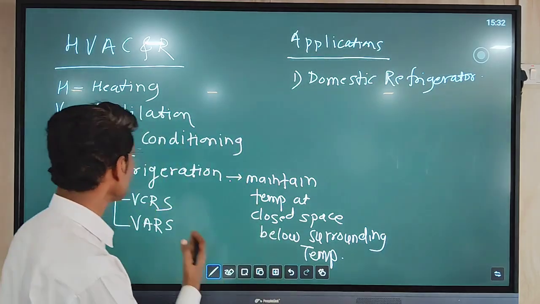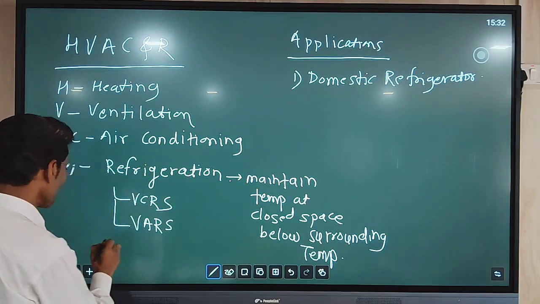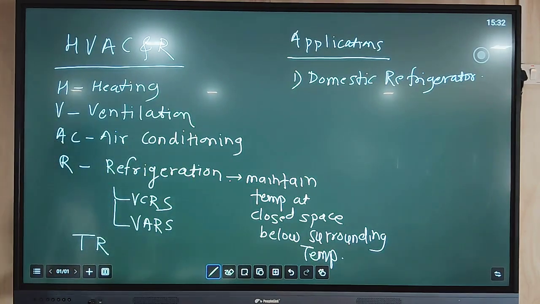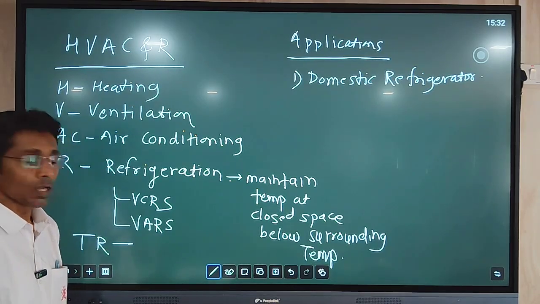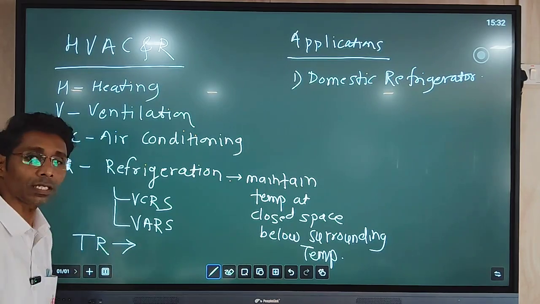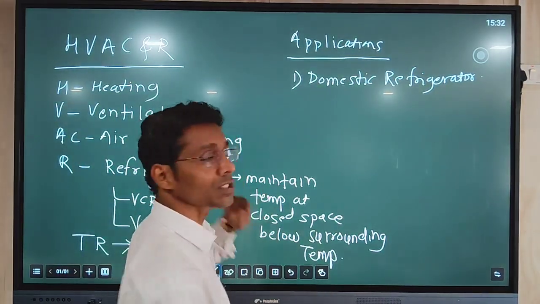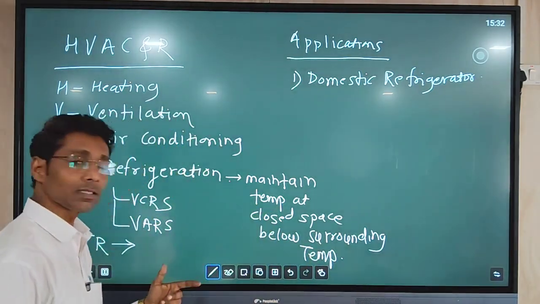Now the capacity of a refrigeration system is indicated by the unit TR. This is called ton of refrigeration. A ton of refrigeration is the cooling effect developed by the refrigeration system at a particular space. What is it?